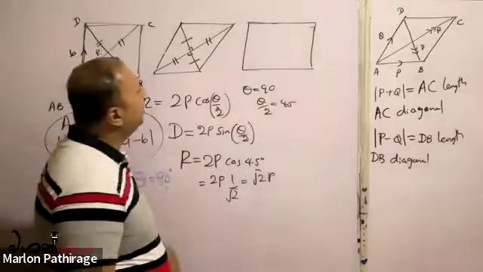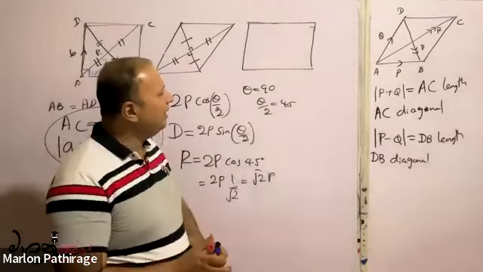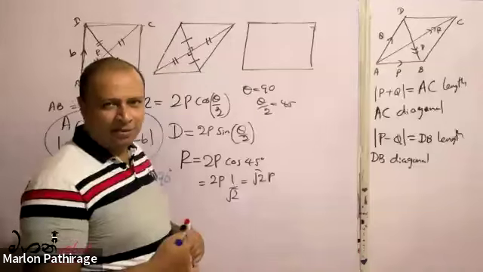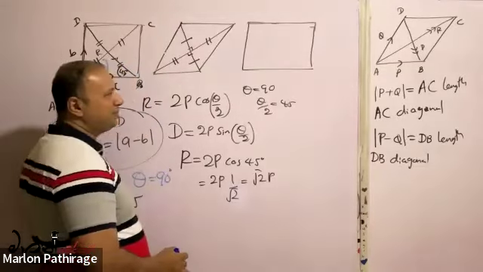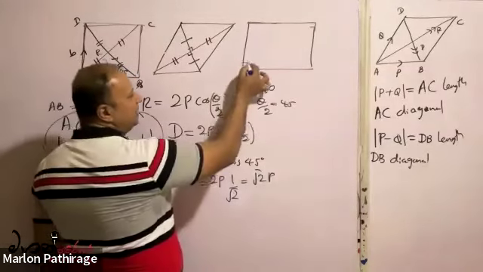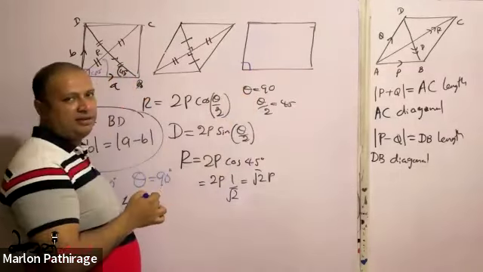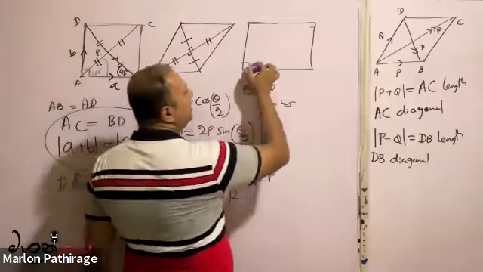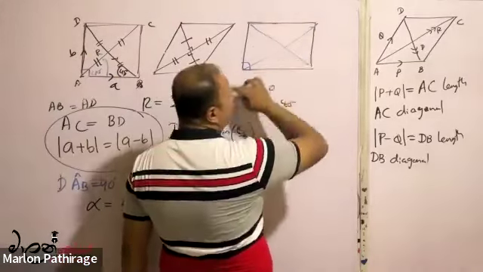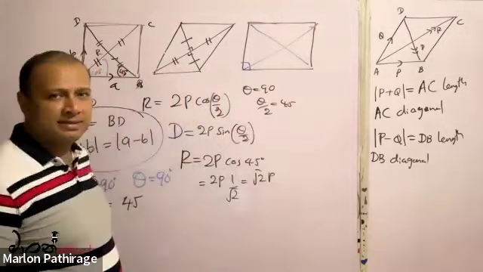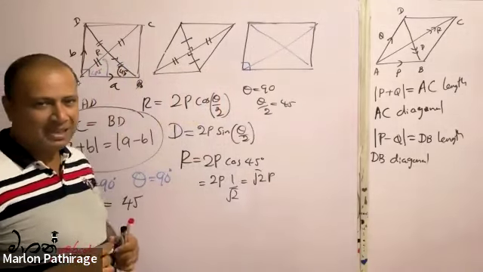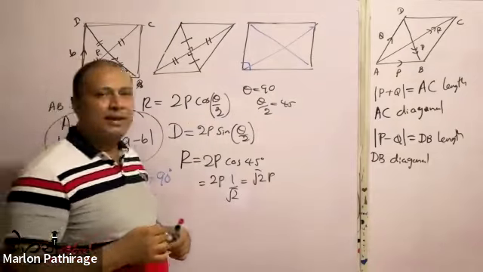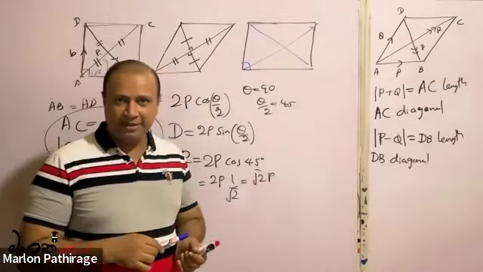In a rectangle, we can get only two special features. One is that this angle is 90 degrees. The other is that the diagonals are equal in length, but they are not perpendicular to each other.